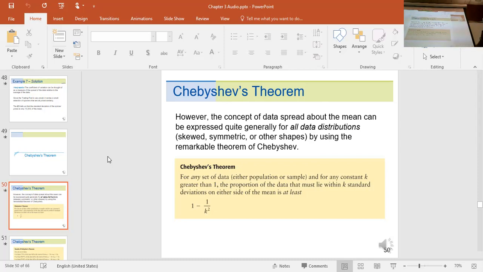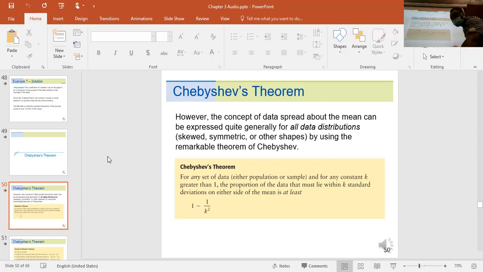For any set of data and for any constant K greater than 1, the proportion of the data that must lie within K standard deviations on either side of the mean is at least 1 minus 1 over K squared. So what you want to remember here is the number of standard deviations, the minimum size. Given the number of standard deviations, Chebyshev gives you the minimum proportion, 1 minus 1 over K squared.